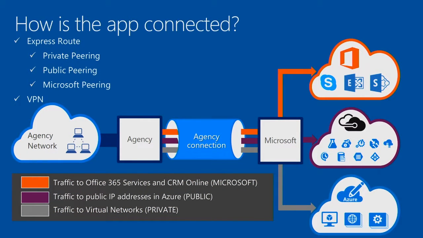If you were in the ExpressRoute conversation previously, right before lunch, we talked a little bit about ExpressRoute. The agencies I work with, some are using ExpressRoute and some are using VPN. But when you think about how you're accessing, there's private peering, which is the actual VNets available for Azure Government, versus public peering, which would be something like SQL Azure databases, Azure websites, Service Bus, or whatever else is in the public peering space.